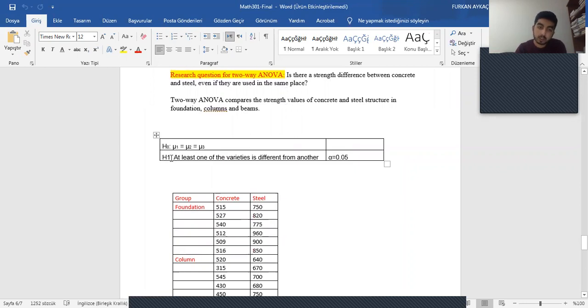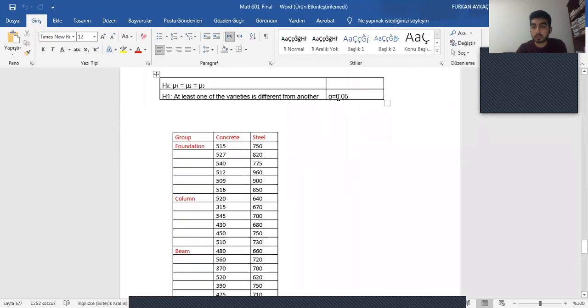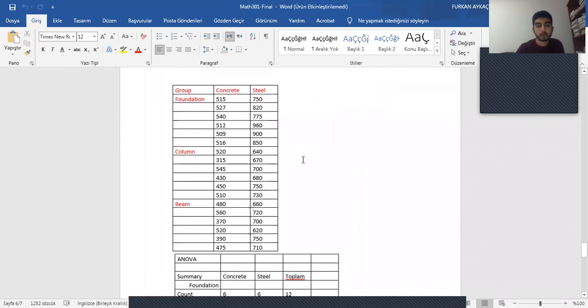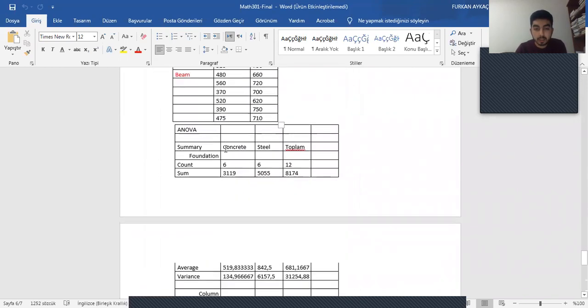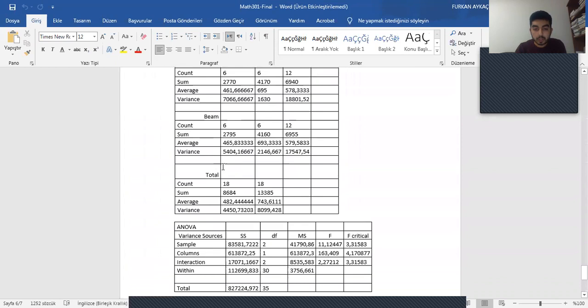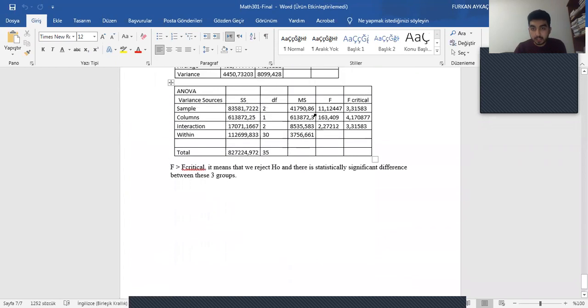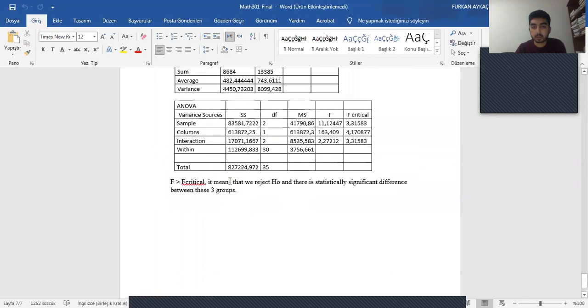My alternative hypothesis, at least one of the variables is different from another. Again, my alpha level is 0.05. I created my table and I found what I need. Here, my F value is bigger than F critical. It means that I reject the null hypothesis and there is a statistically significant difference between these three groups.